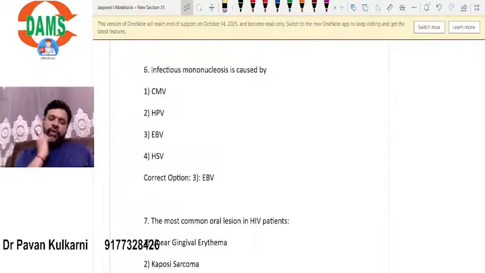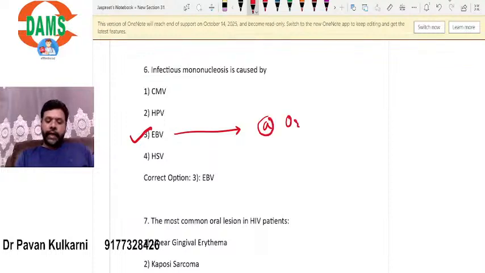Infectious mononucleosis is caused by. Basically infectious mononucleosis is a viral infection classically caused by Epstein-Barr virus. So let us make some lesions which are caused by Epstein-Barr virus. Epstein-Barr virus typically causes oral hairy leukoplakia.